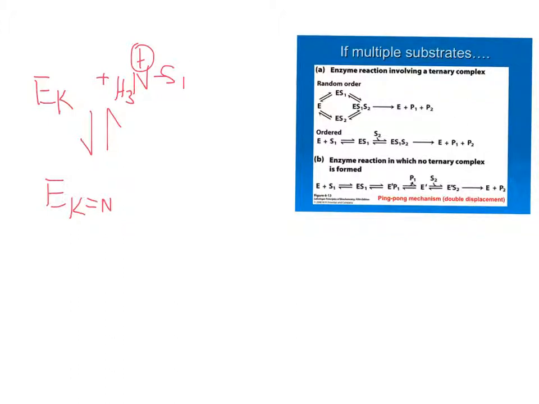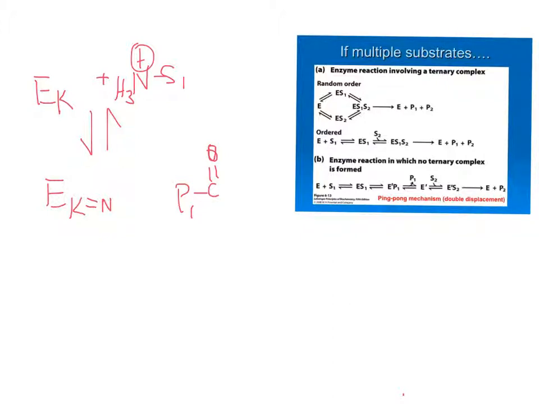And so the product that you're left with is substrate 1, whoops, it's no longer a substrate, it's now a product. It's product number 1, and it's now a carboxylic acid. Not a carboxylic acid, I'm sorry, it's now a ketone. So it now has a carbonyl group where it used to have an amino group.